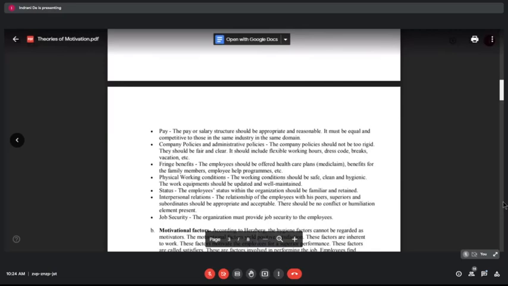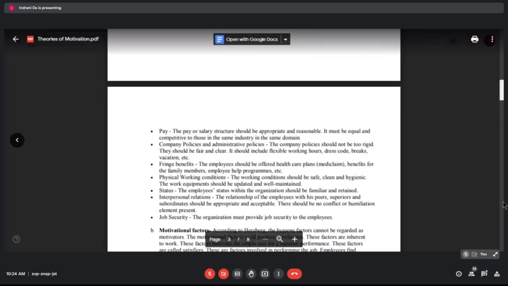Company policies and administrative policies. Different types of company policy could be there, like working hours, whether flexible or fixed, what the dress code is, what leisure time or breaks we are getting, holidays, leaves.